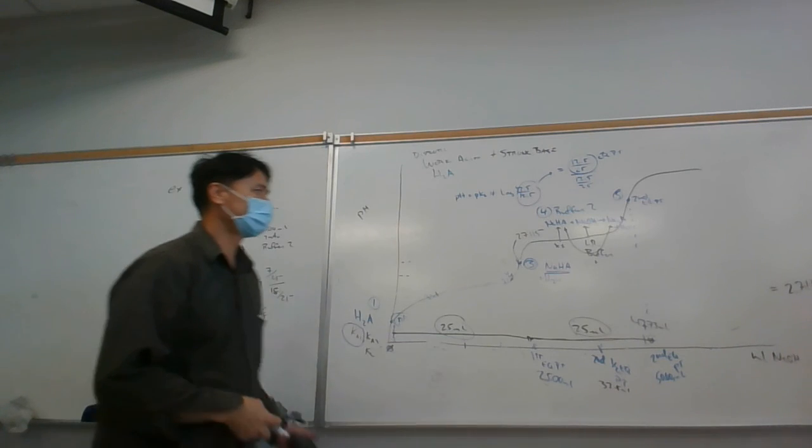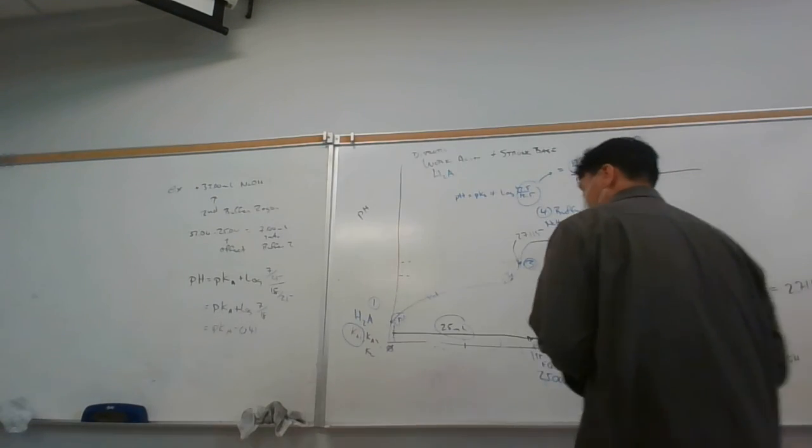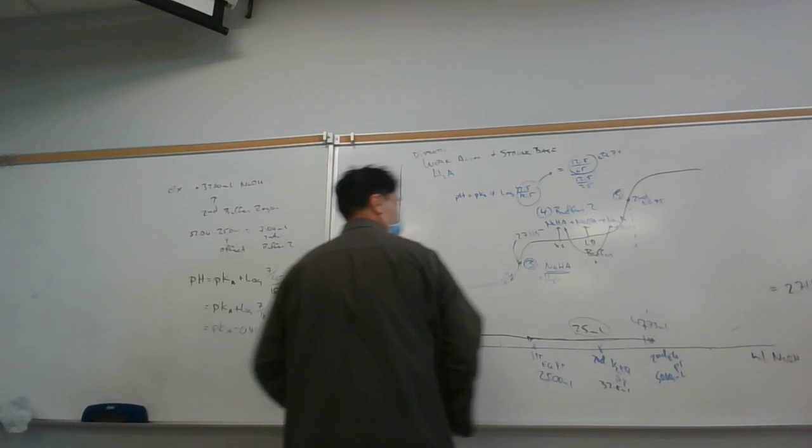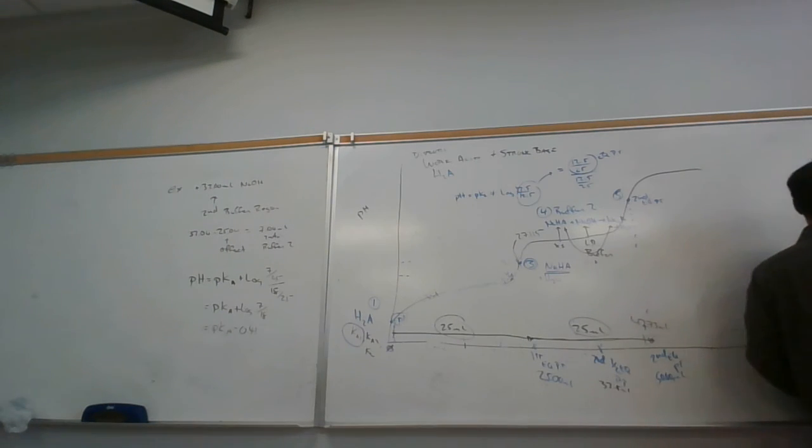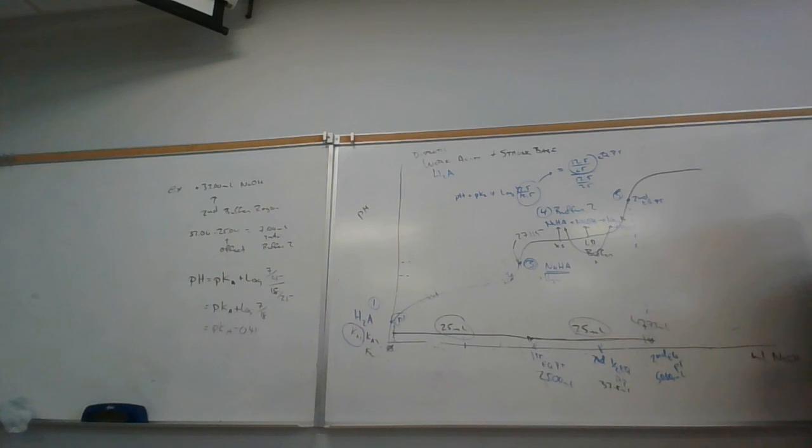So there's something strange about the way we name Ka's and pKa's. So let me talk about that briefly over here. Oxalic acid is a diprotic acid. So there's going to be Ka1 of oxalic acid, which is 5.9 times 10 to the minus 2.